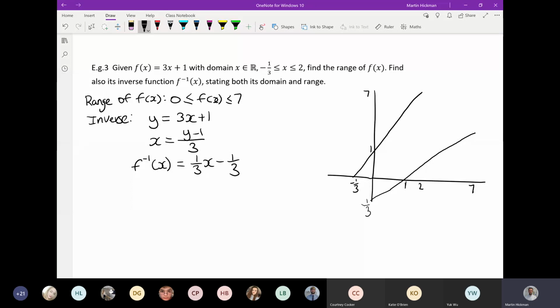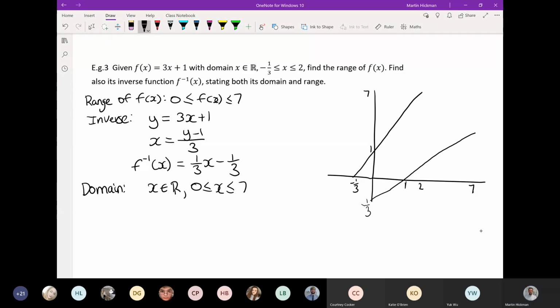So what we should notice here, the domain of this is that x is any real number, and it goes between 0 and 7. And as I mentioned before, that's because f to the minus 1 can go from minus a third to 2.